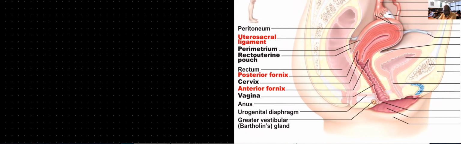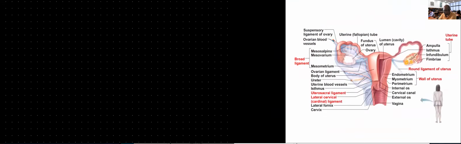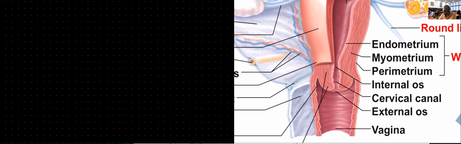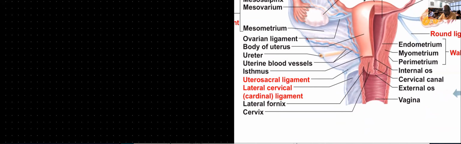It's going to be surrounded anteriorly by the anterior fornix, posteriorly by the posterior fornix, and on both sides we have this space called the lateral fornix.